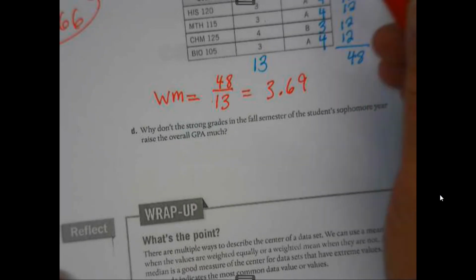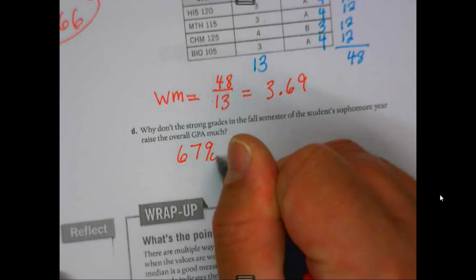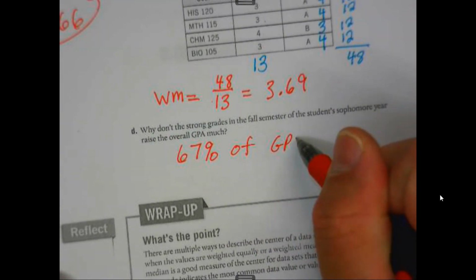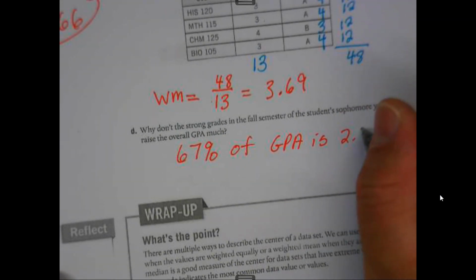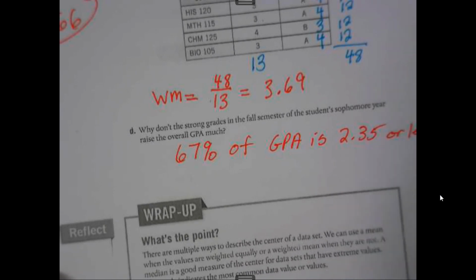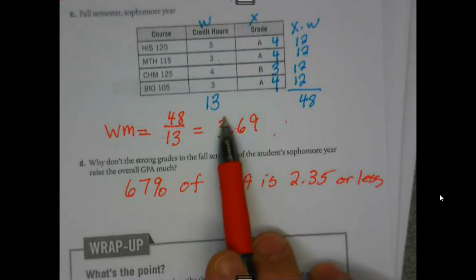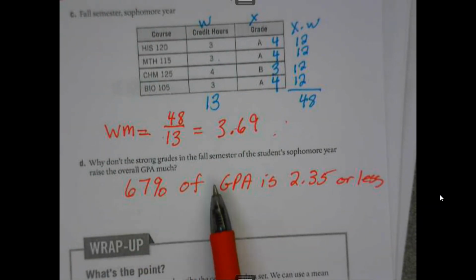So 2/3, or 67% of his GPA is 2.35 or less. That's why, even though the third one was really high, it had to overcome 2/3 of the GPA.